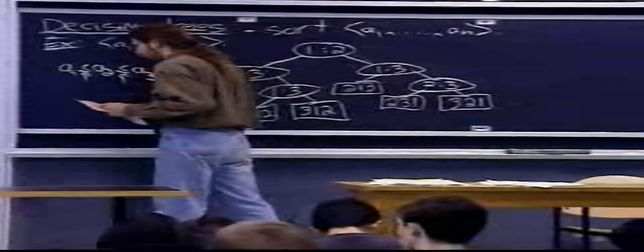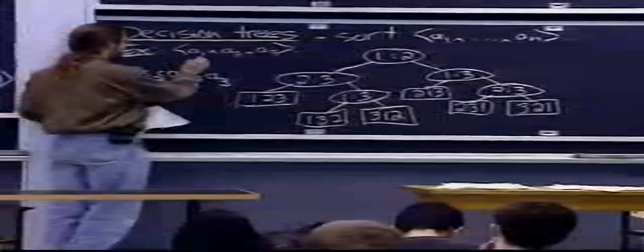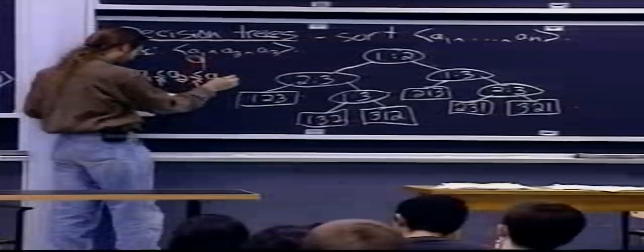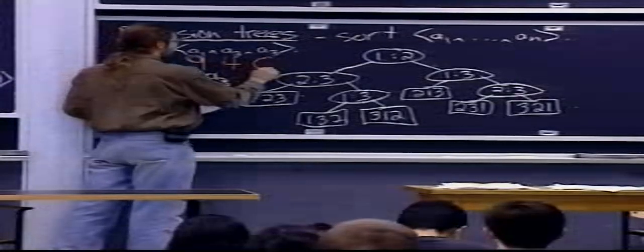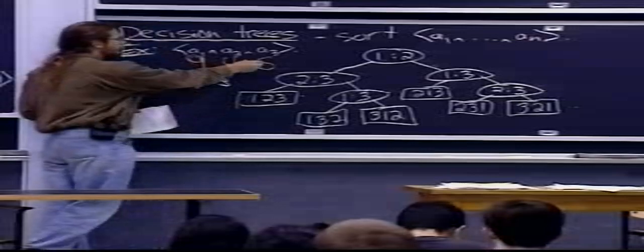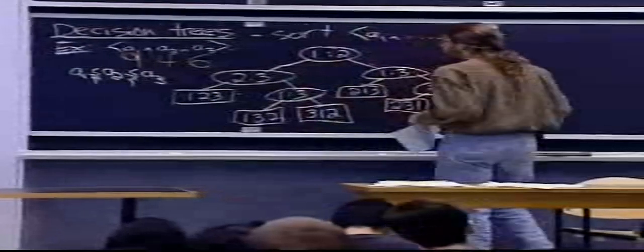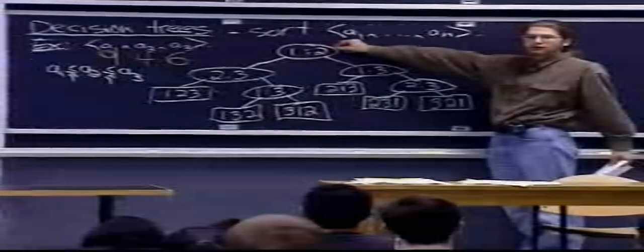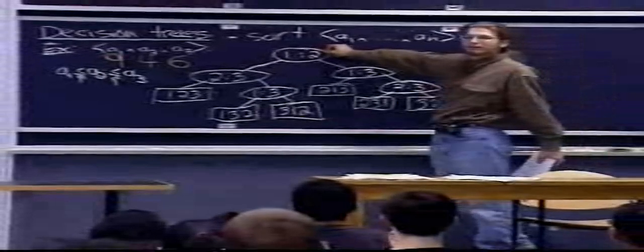Okay, let's do an example to make this more concrete. Let's suppose that our numbers are, maybe I'll use another color. I thought I'd upgrade and use colored chalk just for added content. So let's suppose that our numbers are 9, 4, and 6. Okay. So which way do we go here? To the left? To the right.